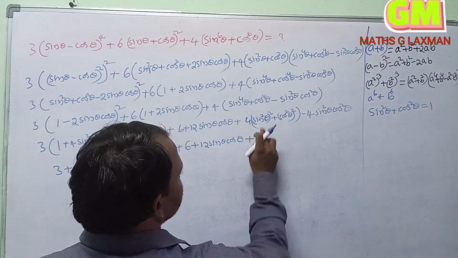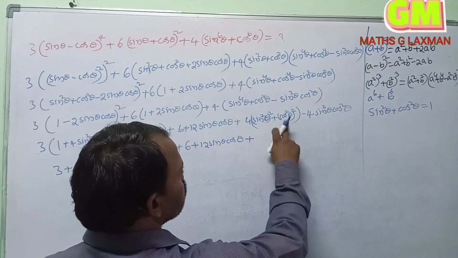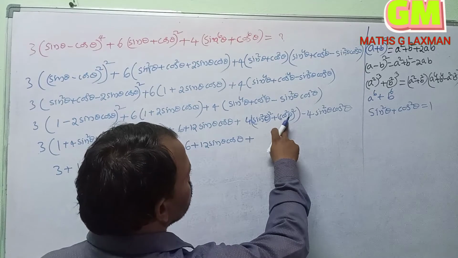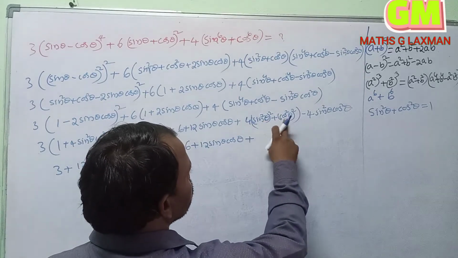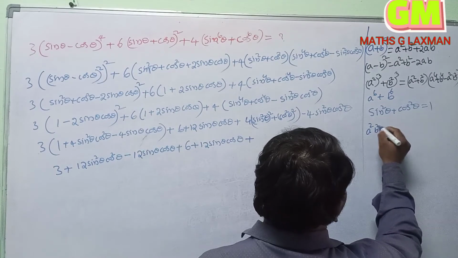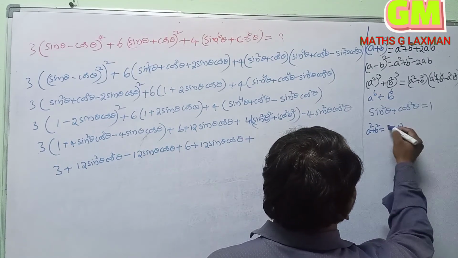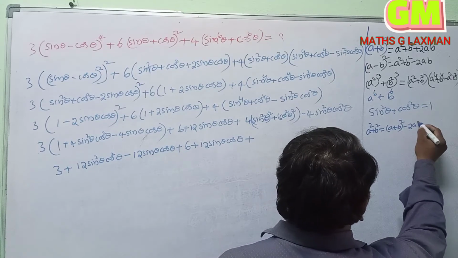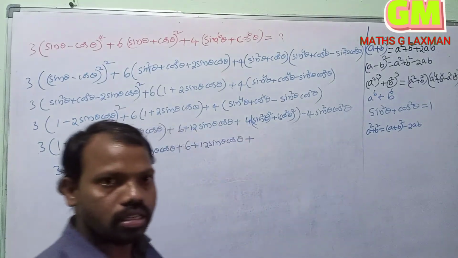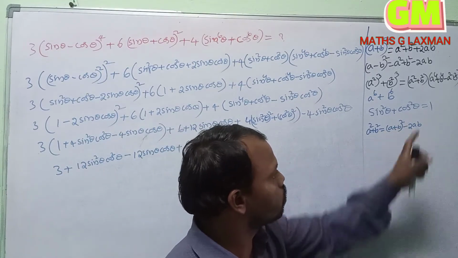Plus here it is in the form of sin²θ + cos²θ, which is 1. So a² + b². A² + b² is nothing but (a+b)² − 2ab. So can we write it like this? a² + b² equals (a+b)² − 2ab.